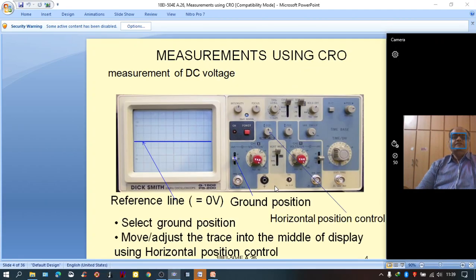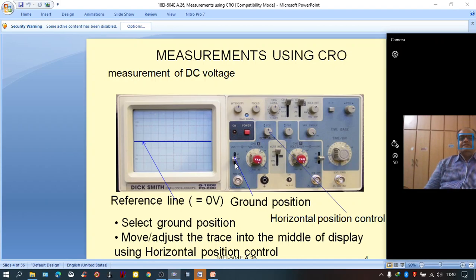First, let us start with the measurement of DC voltage. For measuring a DC voltage, what we have to do initially is this slider switch in the vertical amplifier section is to be switched to ground position.